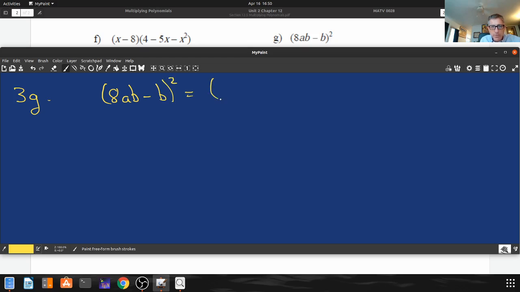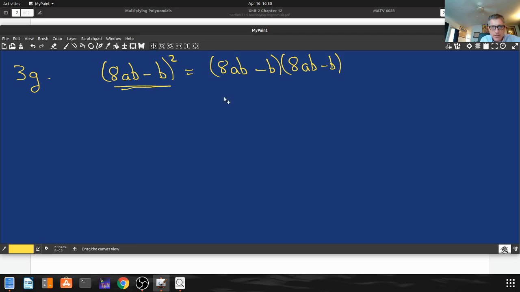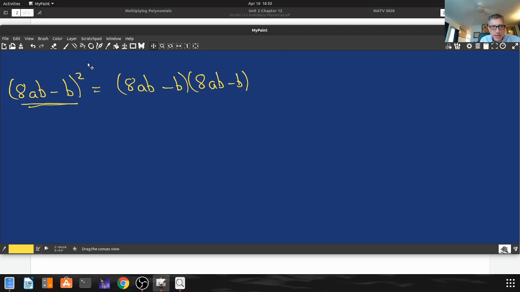Again, at some point we're going to learn a formula for squaring binomials. But right now I'm just going to translate it into exactly what that means. It means I multiply it by itself. So this is the base right here, and I multiply the base by itself twice. That's all I'm doing. Now I'm going to apply the rules of multiplication, which are basically distribution.